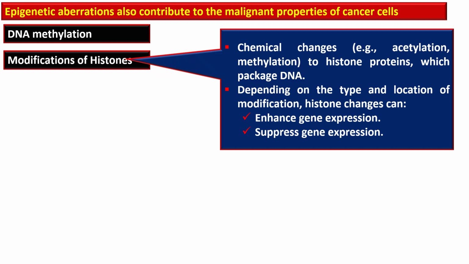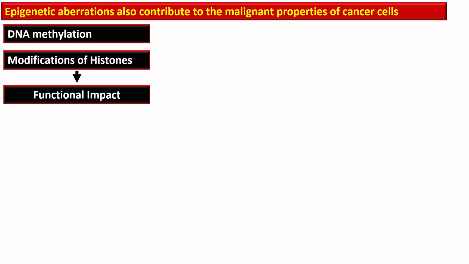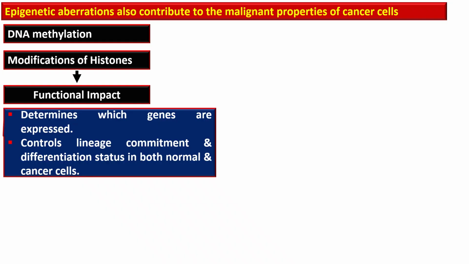Depending on the type and location of the modification, these histone changes can enhance or suppress gene expression. The functional impact of the epigenetic change is that it determines which genes are expressed and controls lineage commitment and differentiation status in both normal and cancer cells.